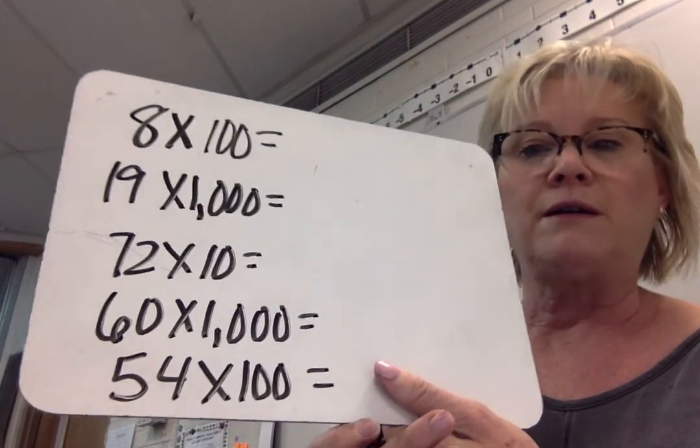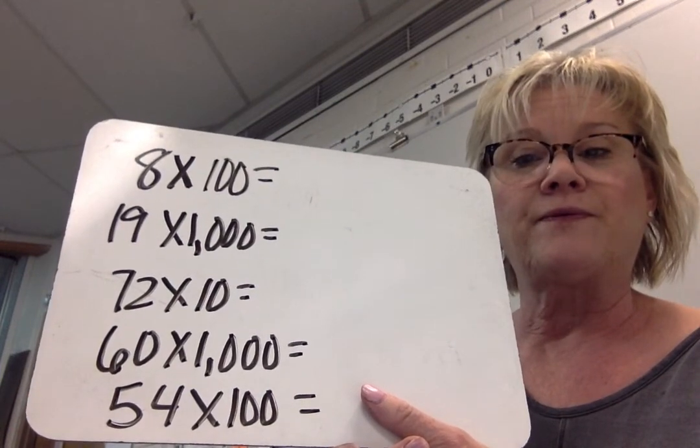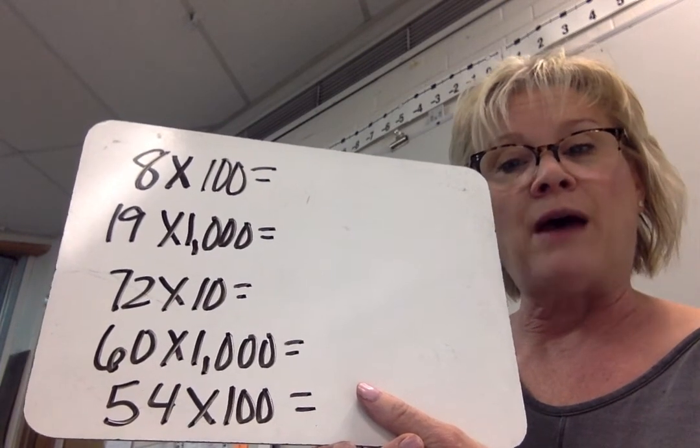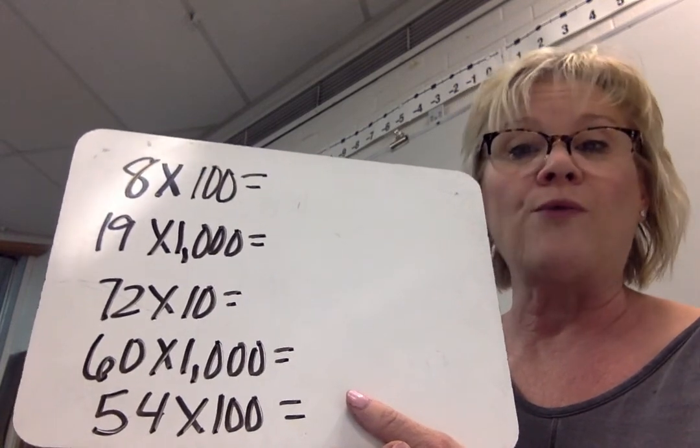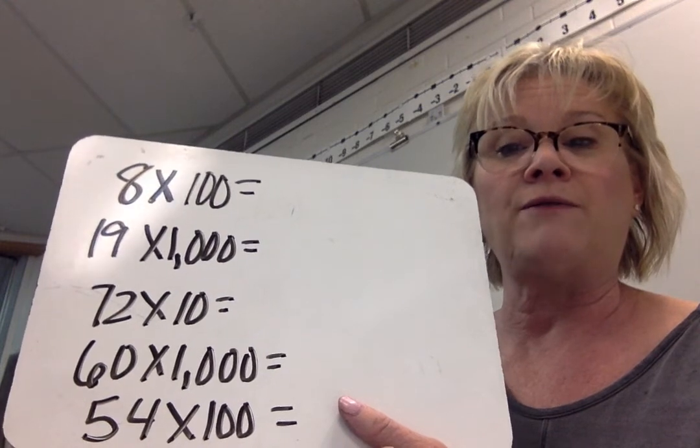And you can practice these on your paper. Here they are. Go ahead and write these problems down, and you can figure them out later on, or right when I'm done with this video. You can stop it and then figure them out.